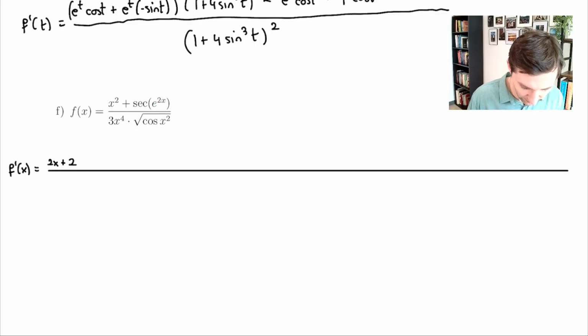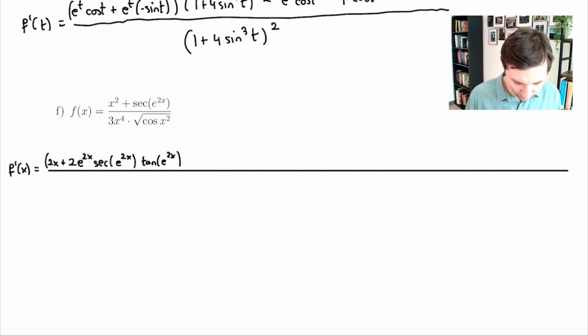The derivative of the middle function, e to the power of x, is e to the power of x, but this time I plug in the inside function to it, so it's e to the power of 2x. Finally, the derivative of secant is secant tangent with the middle and inside function plugged in, so I get secant of e to the power of 2x, tangent of e to the power of 2x.